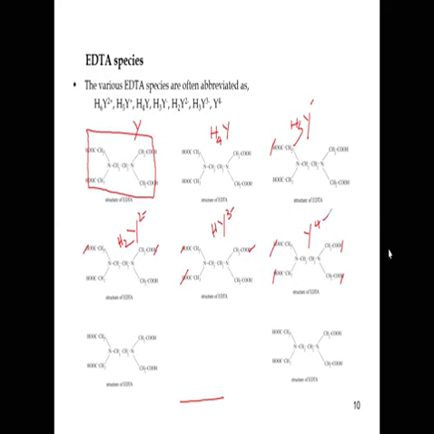Now you have to think in this way also, right? The pH, right? You can get these species with change in pH, either H4Y, H3Y minus, or this one, or this one, or this one. In your solution you have all these species.